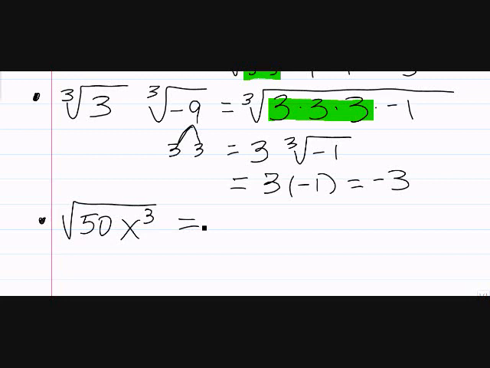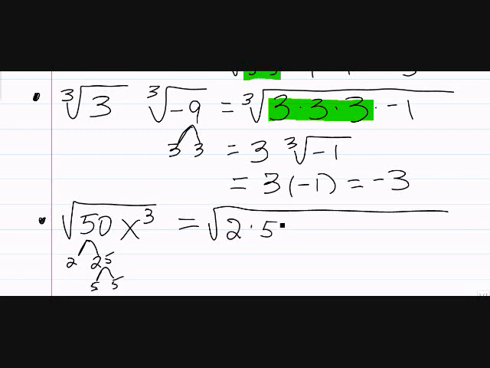All right, I'm going to break this down into prime factors. 50 is 2 times 25. 25 is 5 times 5. So 50 becomes 2 times 5 times 5. X to the third power, I'm just going to write that as x times x times x.